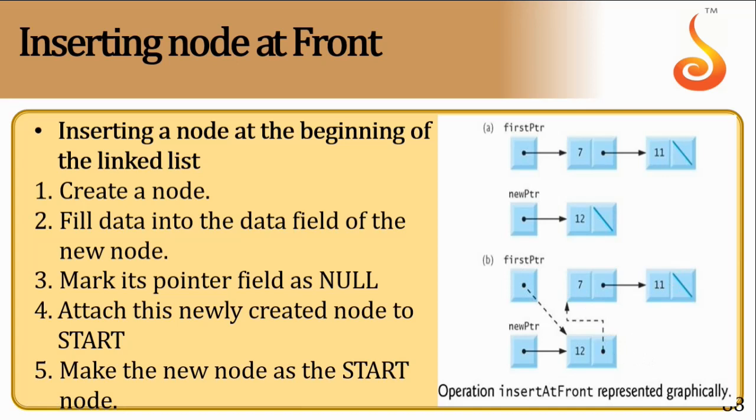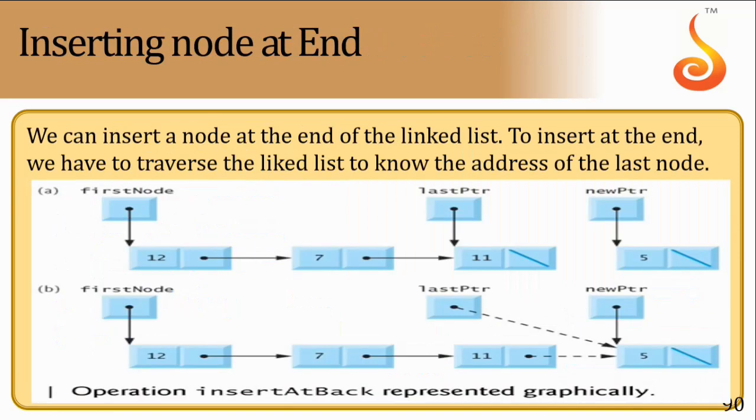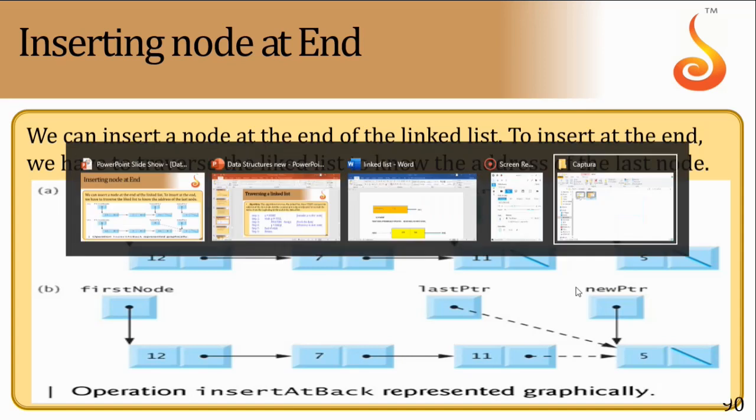So how do I do that? We will see. Before that, I will do the one at the end first, as it is easy. We will do it at the end and then I will show you how to do it in the beginning. Getting it? So we'll start with how to do it at the end.